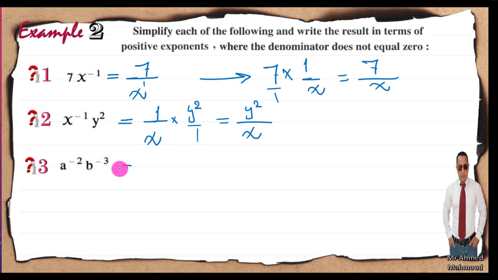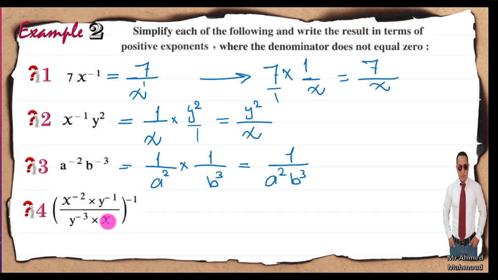Here it is equal to 1 over a power positive 2 times 1 over b power of 3, which is equal to 1 over a power of 2 b power of 3. Finally, now first I'm going to simplify the numbers inside the brackets. I will write x, negative 2 minus 1 equals negative 3, times y to the power negative 1 minus 3, equal 2, all to the power negative 1.